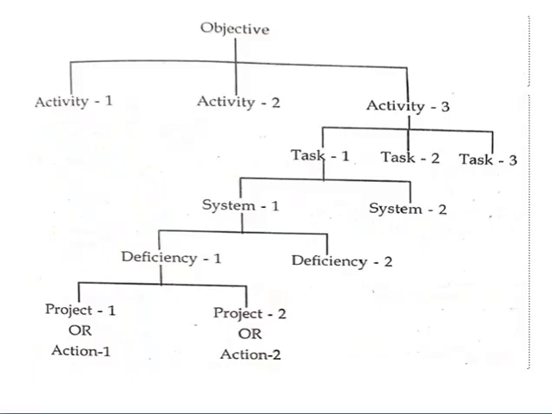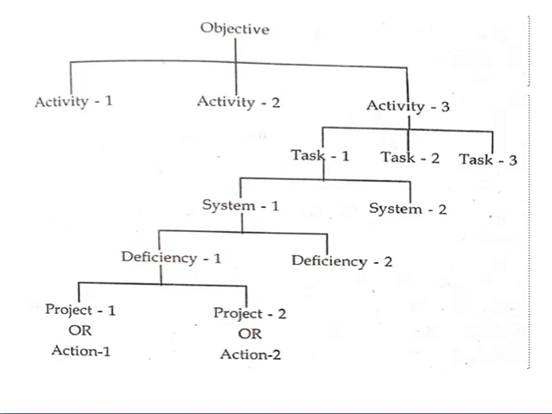You can see this representation where you have objectives, and the objective is divided into different activities. For example, we have activity 1, activity 2, and activity 3. In that, you choose whichever activity you have taken, which consists of a number of tasks.